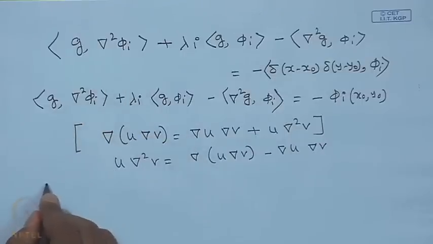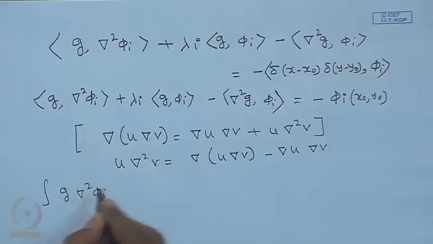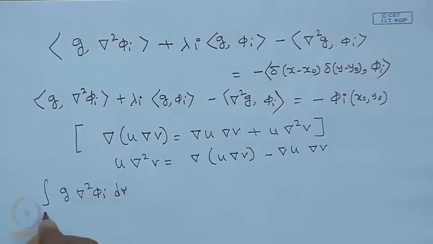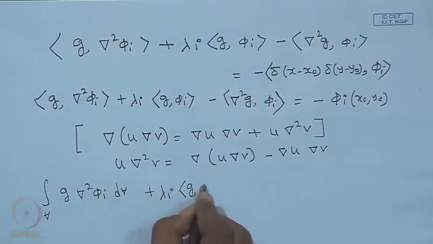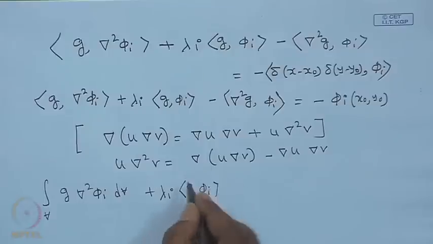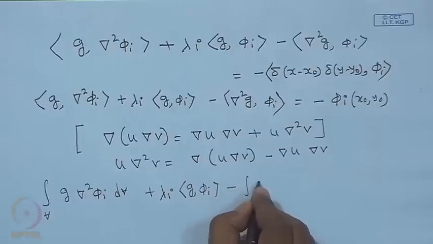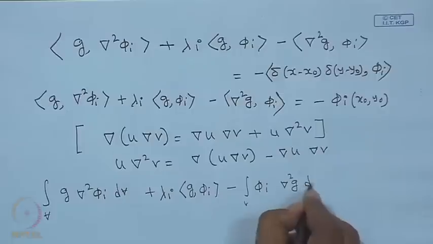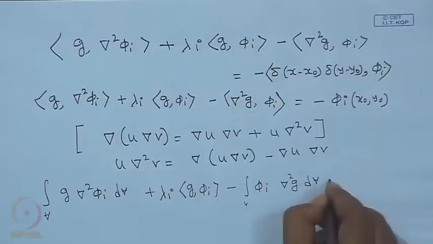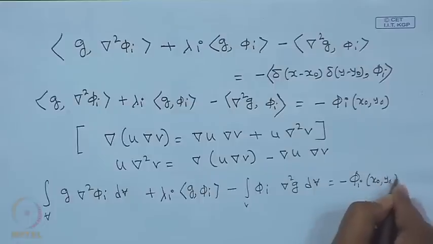So, this will be nothing but the volume integral of g grad square phi I dv, plus lambda I times the inner product of g and phi I, minus the volume integral of phi I grad square g dv, which is nothing but minus phi I at x naught y naught.